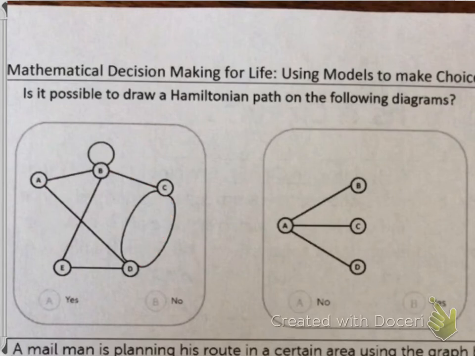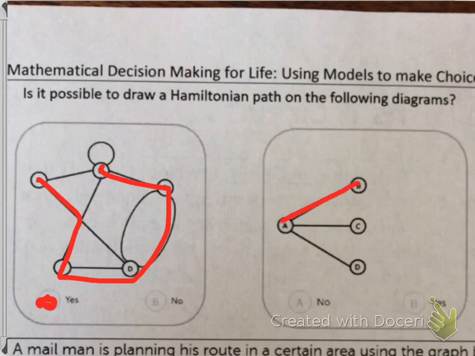Let's think this through for just a minute. All right, keep trying until you get it, or until you decide that there cannot be one. There we go. I did it. So yes, this one can have a Hamiltonian path.